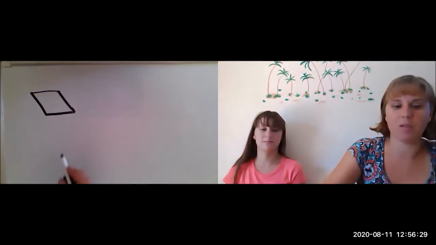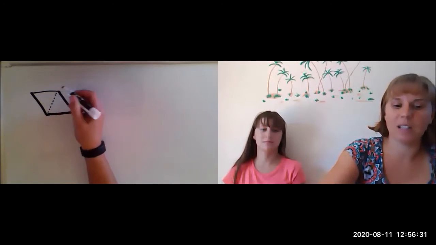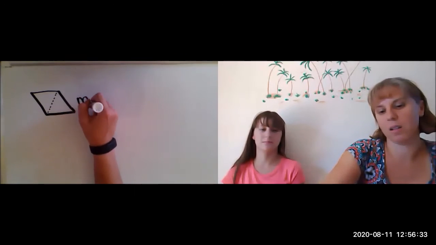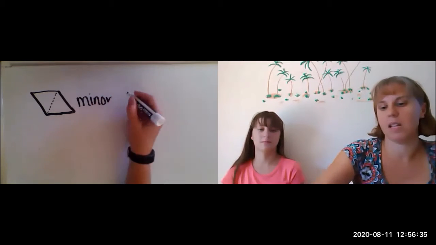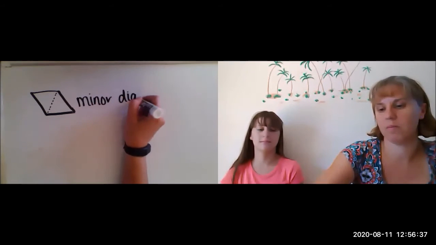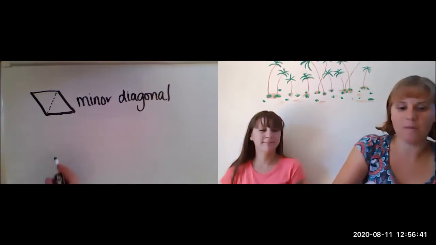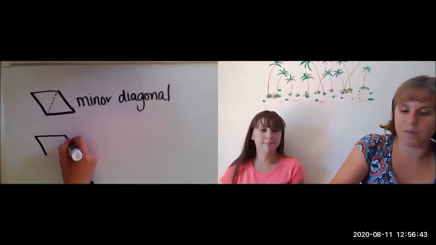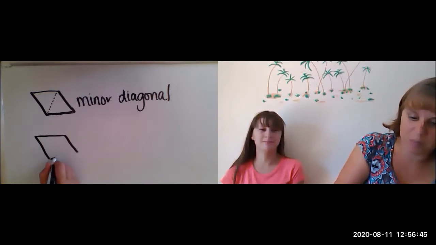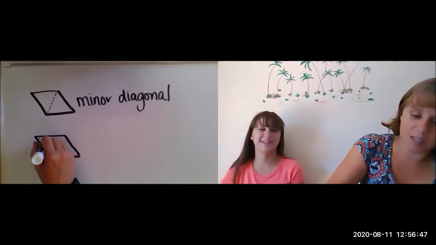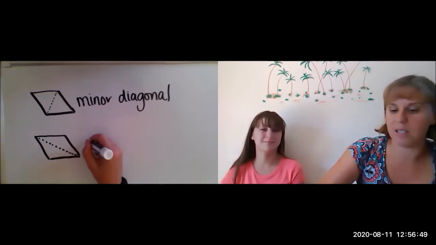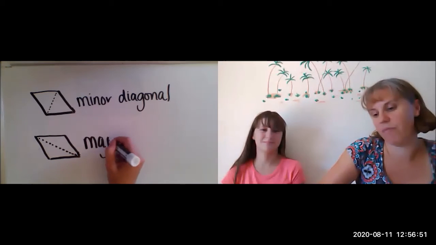This dotted line is the minor diagonal. Minor diagonal, and that's a funny looking rhombus. This dotted line is the major diagonal.